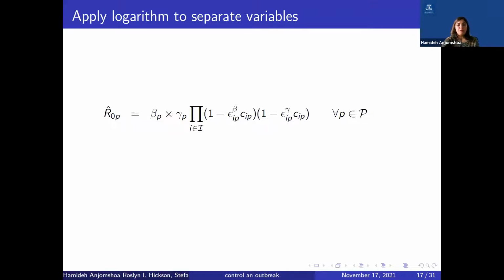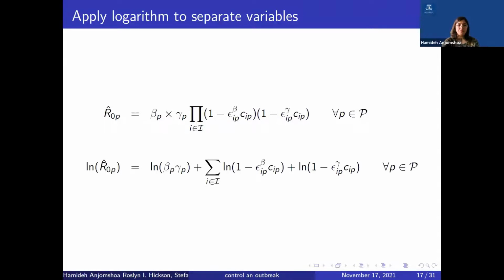From high school calculus, we know that log AB equals log A plus log B, very simple. So again, we made a deal with the infectious disease people: can I use log R naught instead of R itself? And then that's beautiful, multiplication turns into summation here.